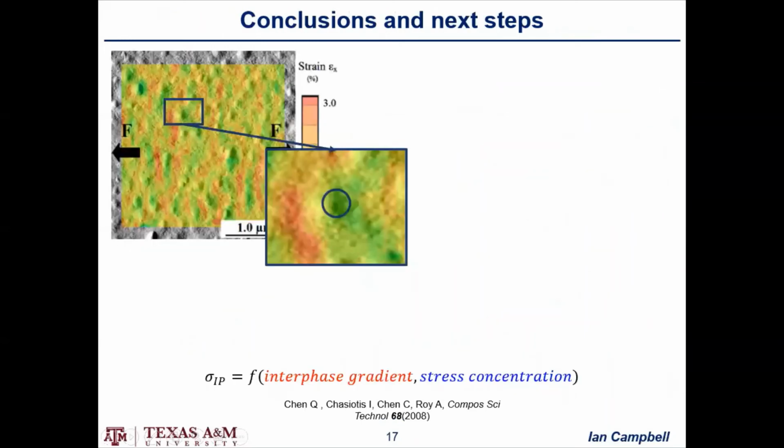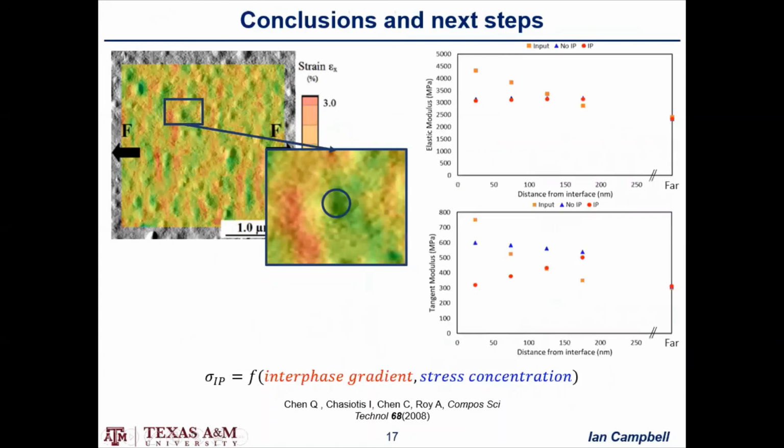In conclusion, to determine the local interphase mechanical properties and parse out the different contributions to experimental tensile stress and strain fields such as these, comparison of multiple FEA models is required. Also, I can conclude that simulations beyond the no IP and IP conditions will likely be needed to reliably deconvolute experimental data.